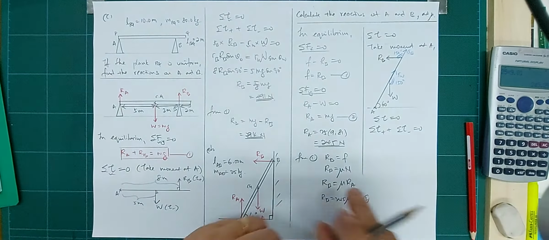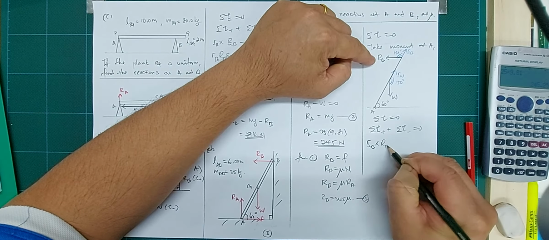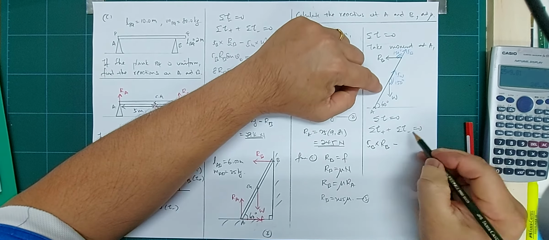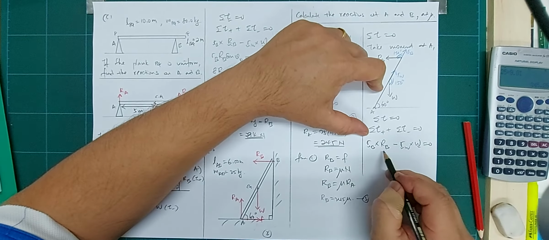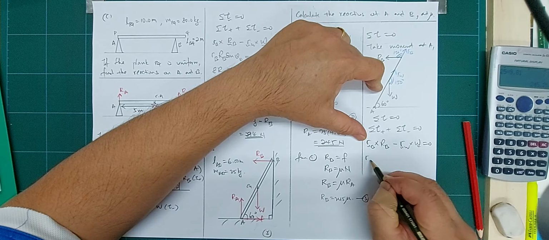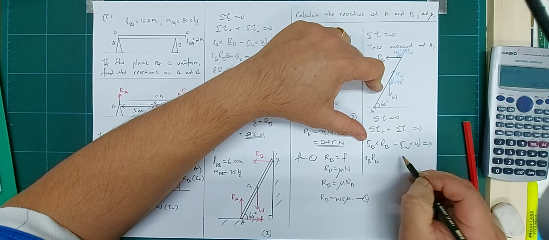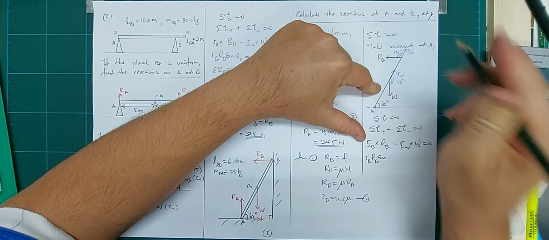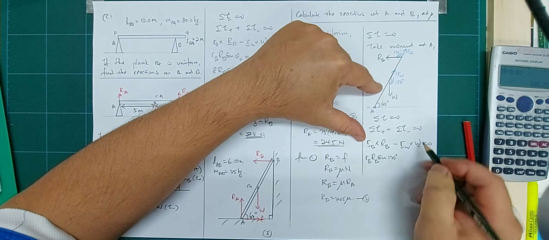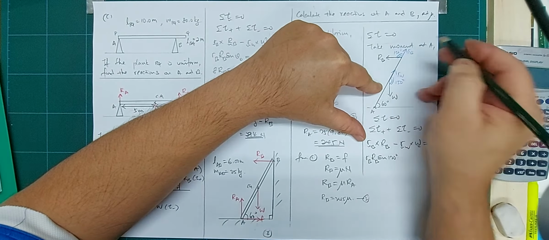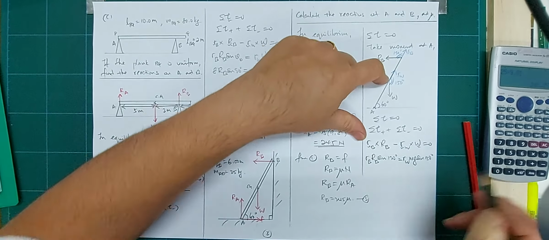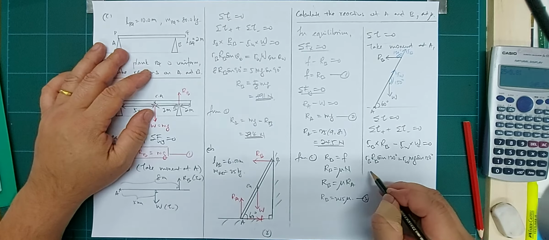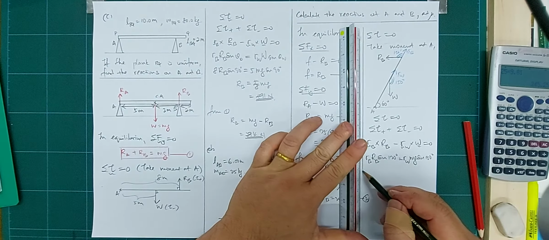So that one is RB cross big RB, and then minus the negative torque, which is the RW cross W, equal to 0. So we can calculate RB from here, see or not? So this one is RB sine 120. The angle must be within those two vectors, yeah? And then it's equal to RW mg, the weight of the ladder, mg, and then sine 150. Alright, after that you can put in the values and see what we have for the answer.